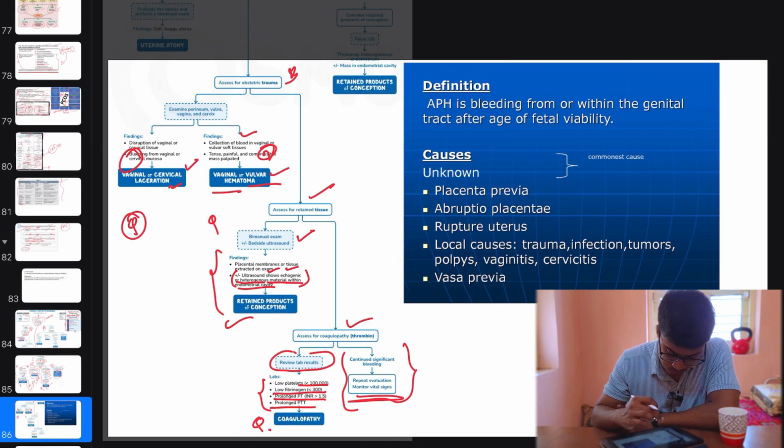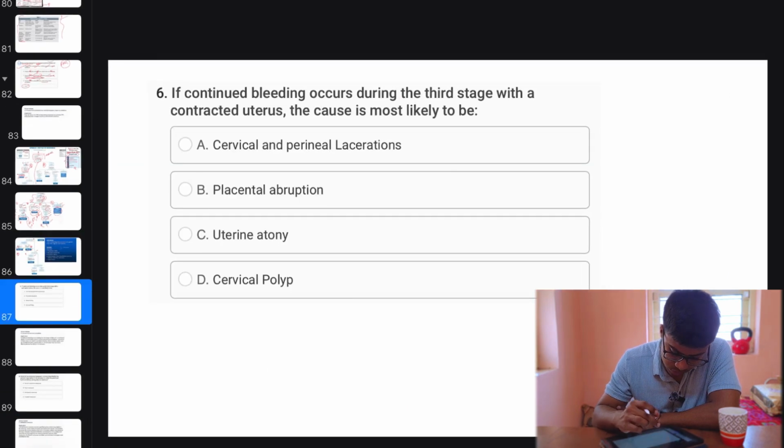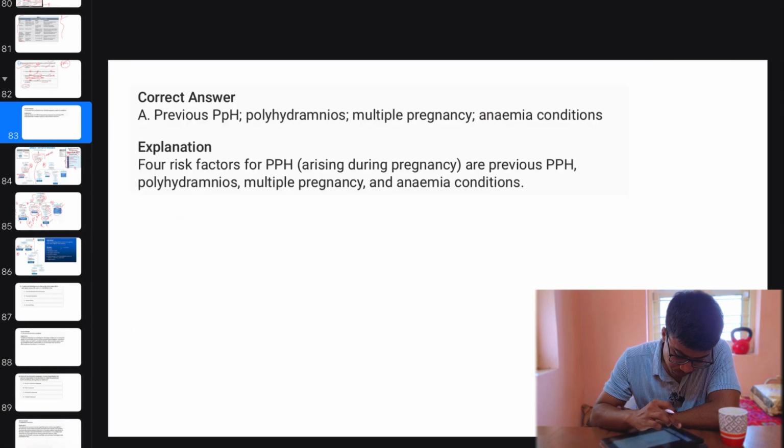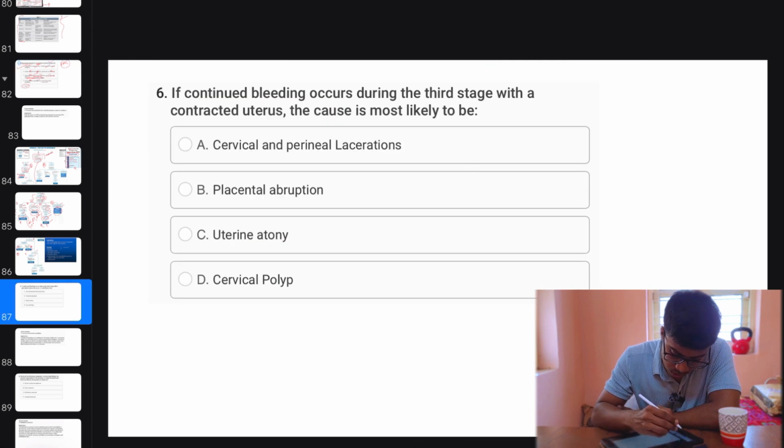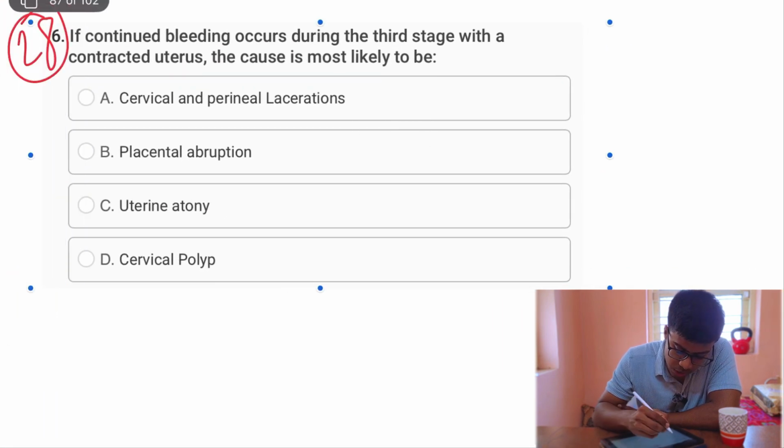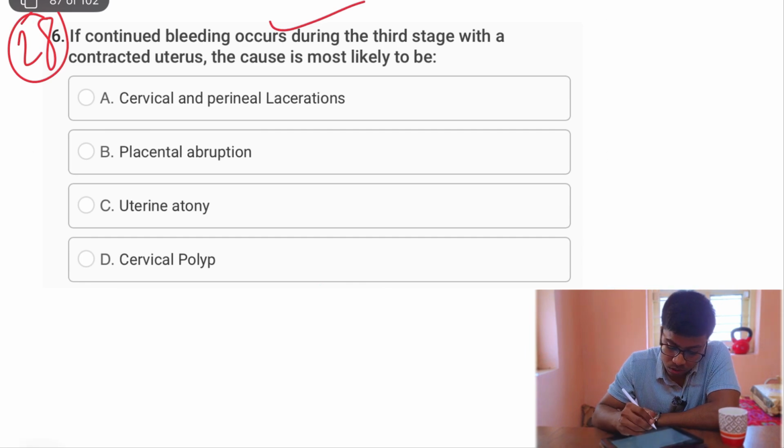Now let's move on to the next question. Next question is the 28 number question. Continued bleeding occurs during the third stage of labor with contracted uterus. The most likely cause is cervical and perineal laceration, placental abruption. Placental abruption is no. Uterine atony, cervical polyp, it's not.